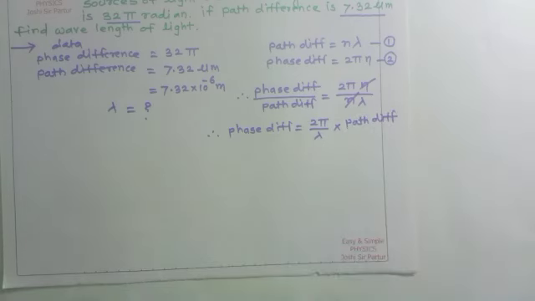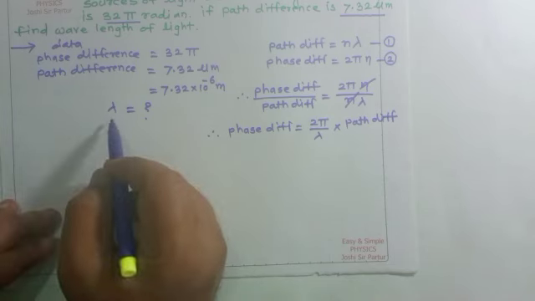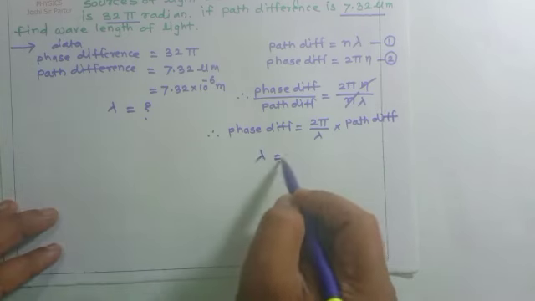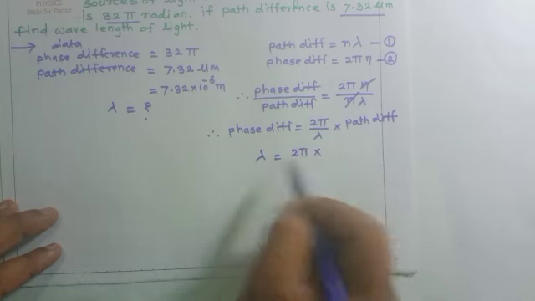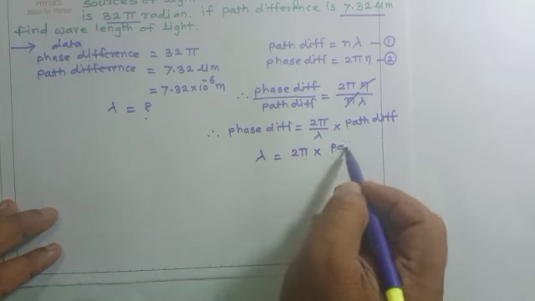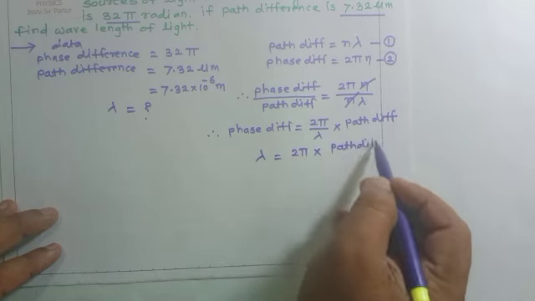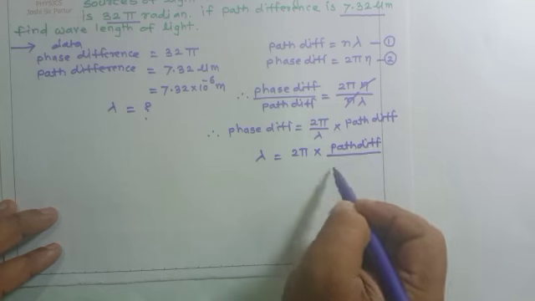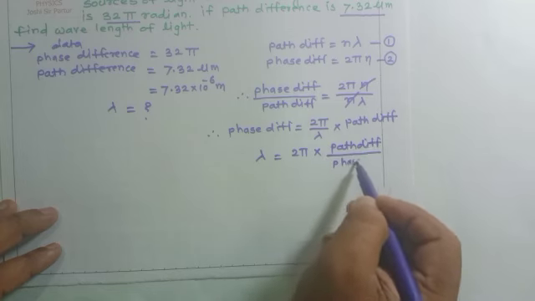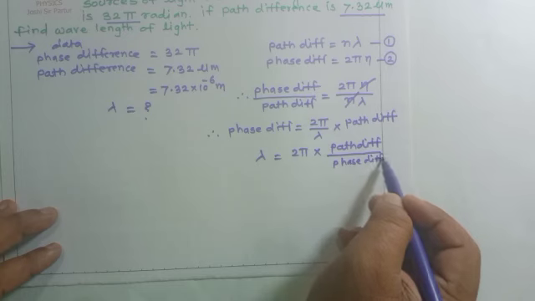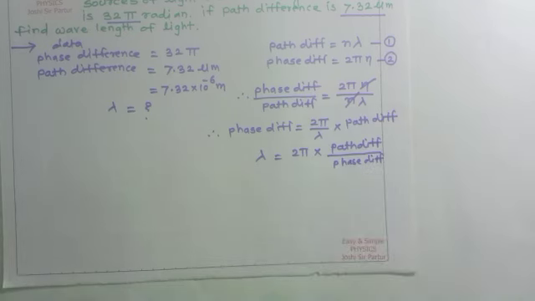We can find wavelength: lambda is equal to 2 pi multiplied by path difference divided by phase difference.